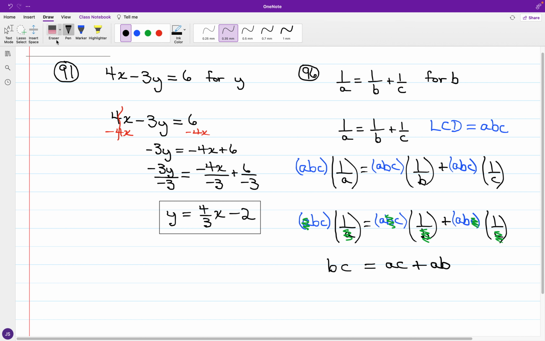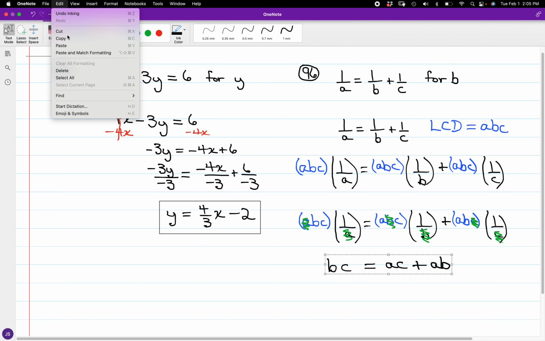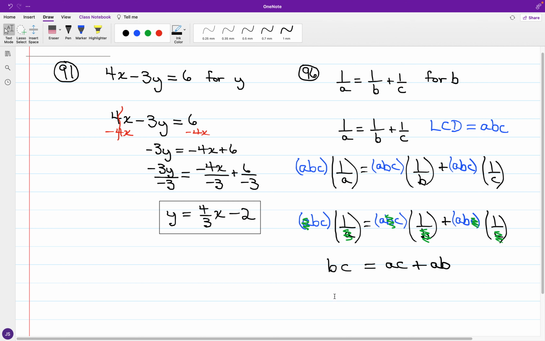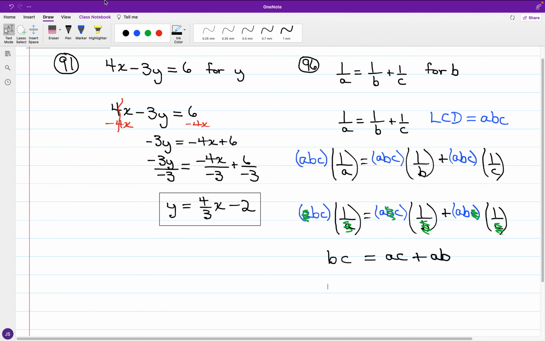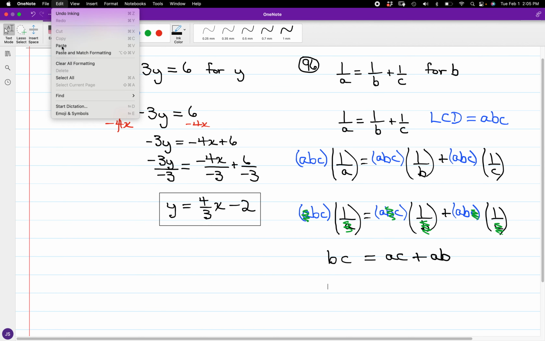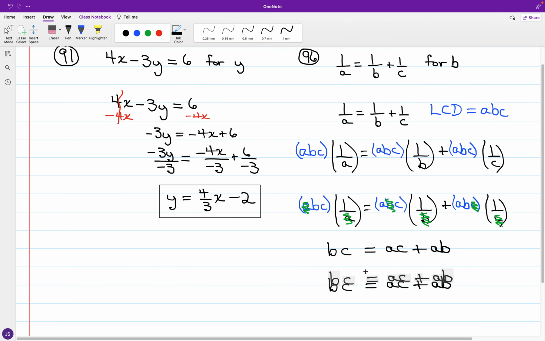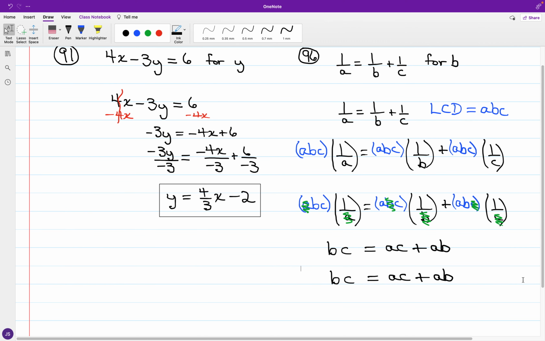So we had the elimination of the denominators, and again we're looking at trying to solve in terms of b. And if you notice, we have two terms with the variable b. On the left we have b times c, and to the right we have ab. And first of all, we can combine the b terms together. So I can join bc and ab together.